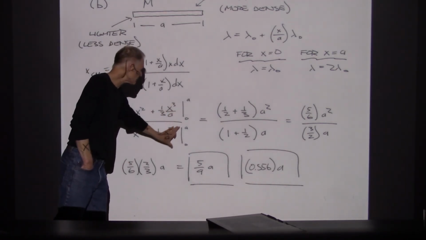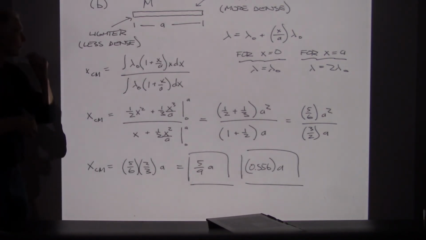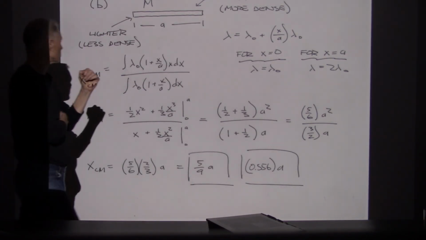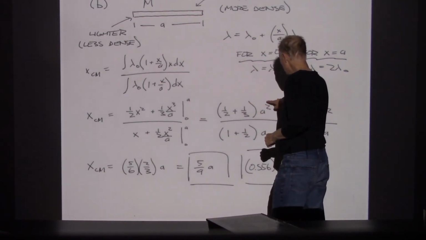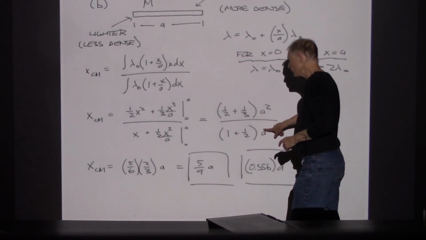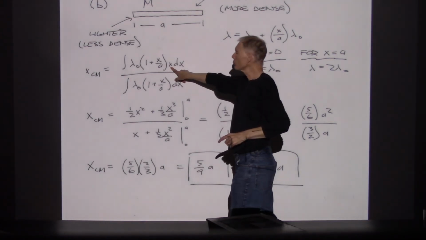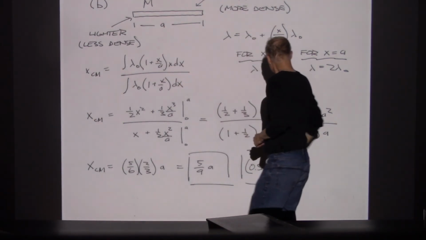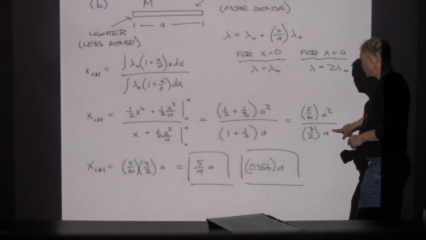Each of these has to be evaluated at the endpoints. And when I carry out the integration, I'm getting 1/2 plus 1/3 on top times a squared, and 1 plus 1/2 in the denominator. Here I have an extra factor of x in the formula, and here I don't. And that leads to a squared over a, which makes sense.